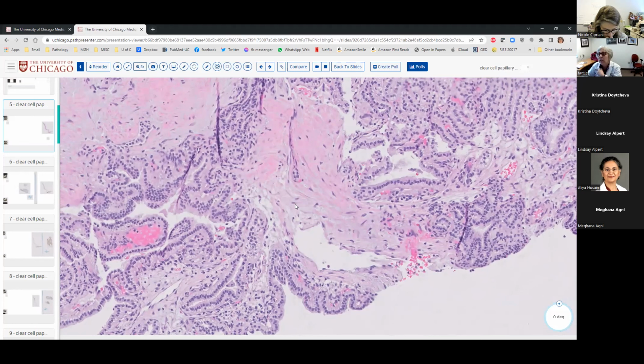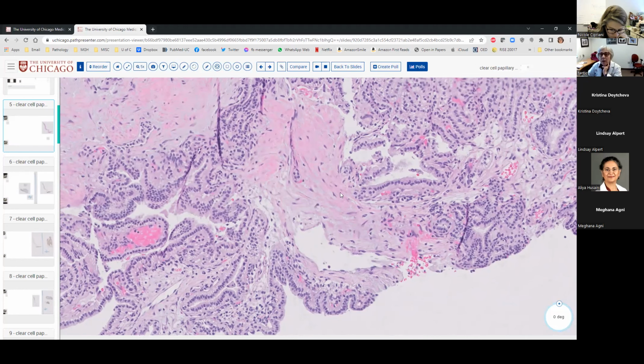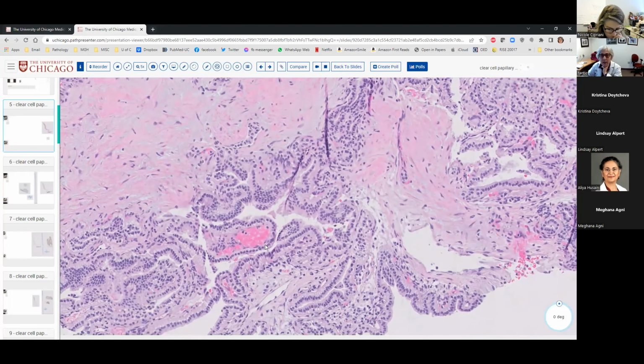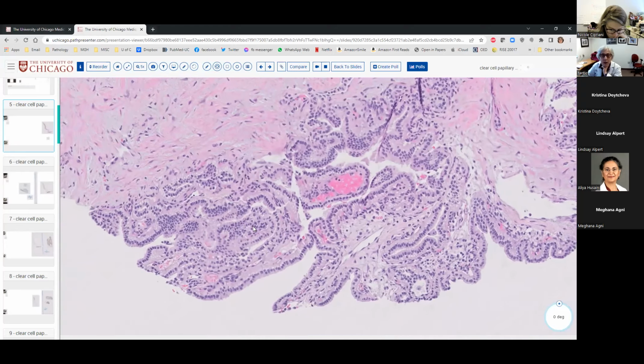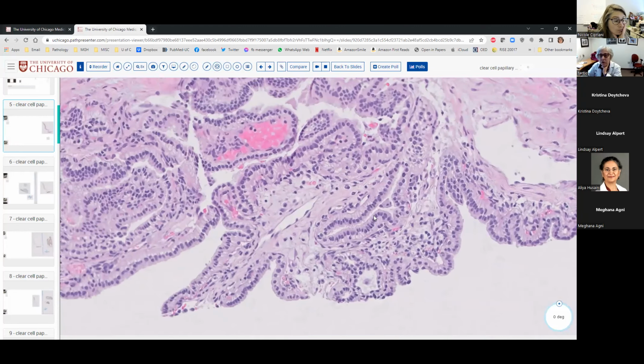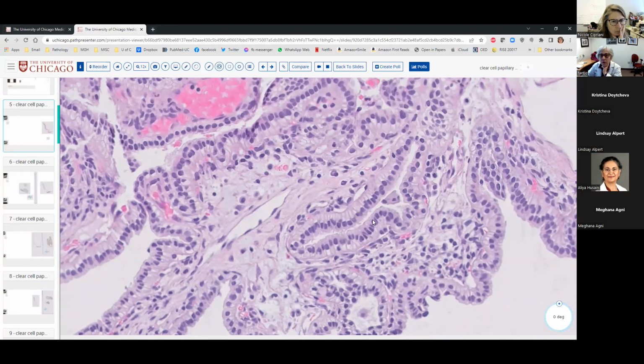Therefore, we need to keep in mind that translocation RCC, especially with certain partner genes, can look like this. And then, of course, clear cell papillary is the one that you have to think about, especially because of these tubules and the arrangement of nuclei and so on and so on.